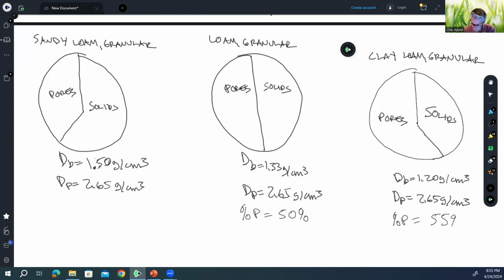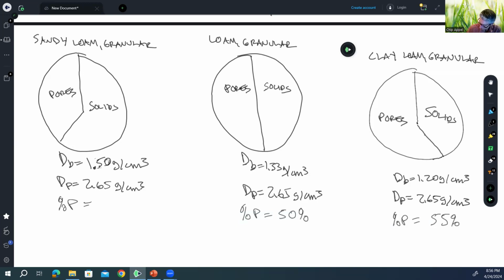And the way that I actually calculated these, before I started this, I used the indirect method. And if we go to the sandy loam granular, which has a bulk density of 1.5, particle density of 2.65, it's got to have a lower porosity than any of the other two soils because its bulk density is the highest.